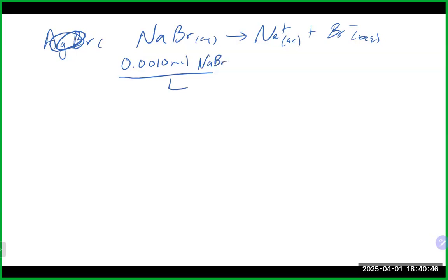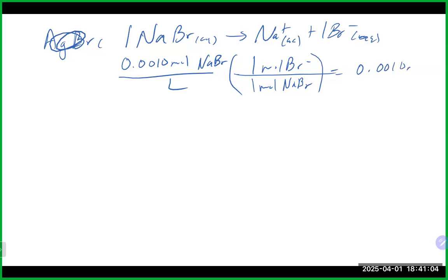So you could do a stoichiometry move, and it is a 1-to-1 relationship between those. For every 1 mole of the whole thing, you get 1 mole of Br minus, and that is how it stays the same concentration for the Br minus.